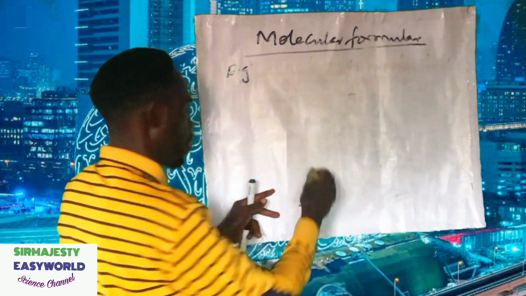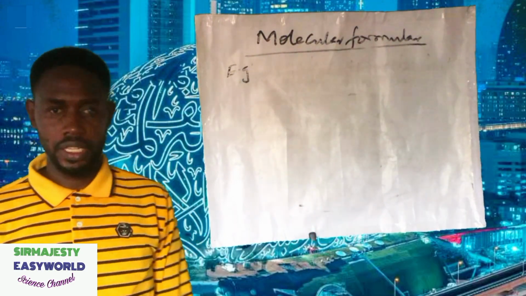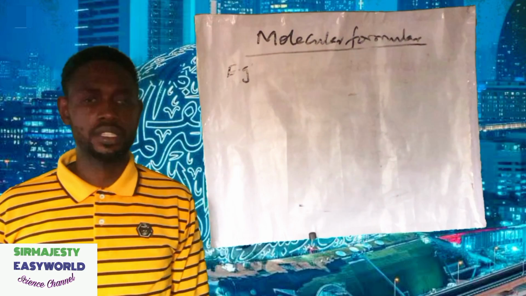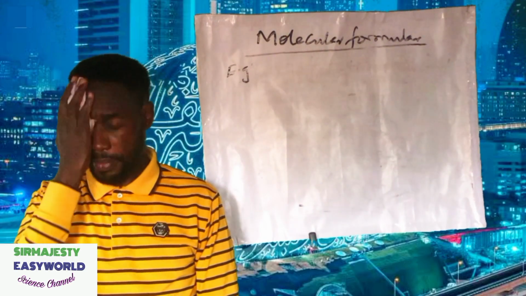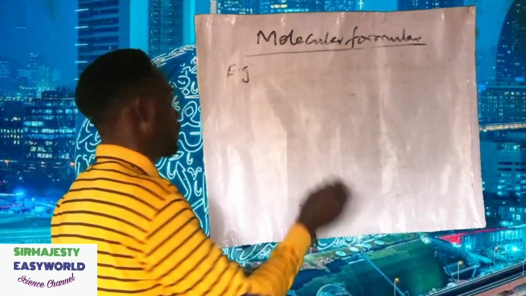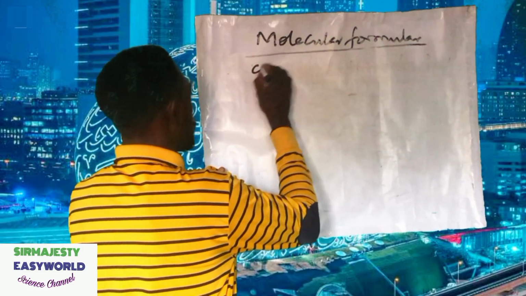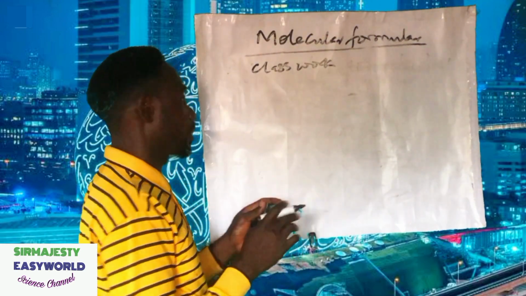Quaternary compounds are compounds made up of 4 elements. So the binary have 2 elements, ternary have 3 elements, quaternary are those that have 4 elements. So try your ability. Use that comment section there to give us our classwork. Try to work it out by yourself. Don't go and look it up on the internet.